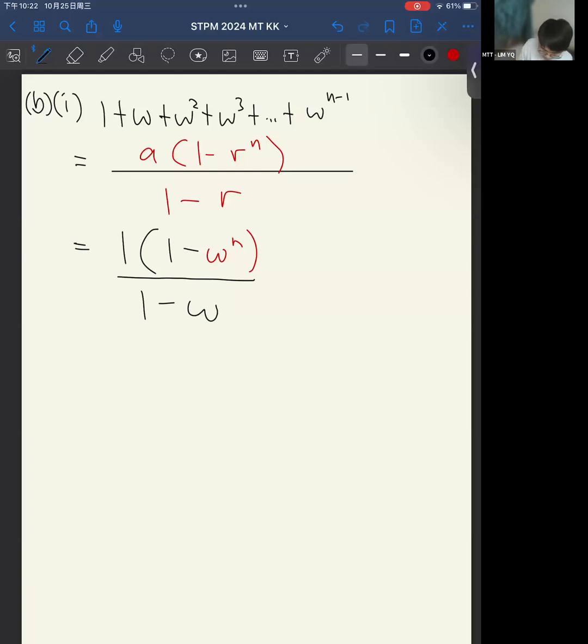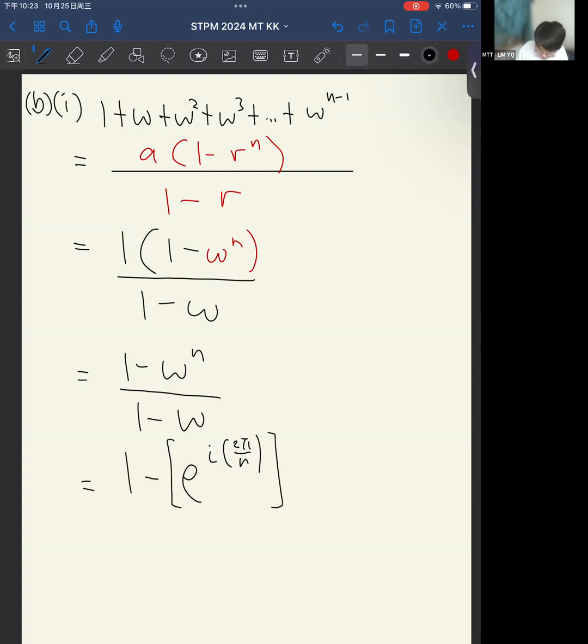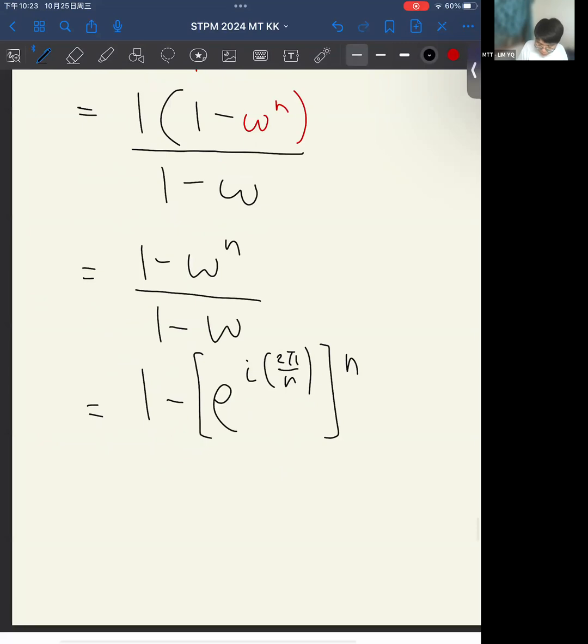How to show? Very easily. What is W power n? So 1 minus W power n over 1 minus W. What is W? Substitute back, e to the power of i 2 pi over n, power n. Then 1 minus e to the power of i 2 pi over n.